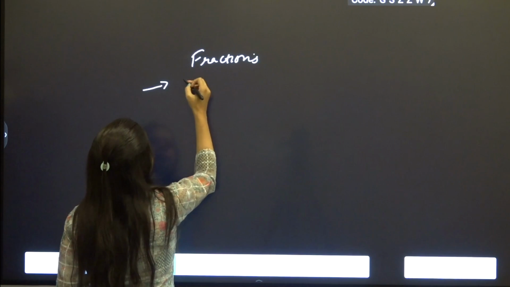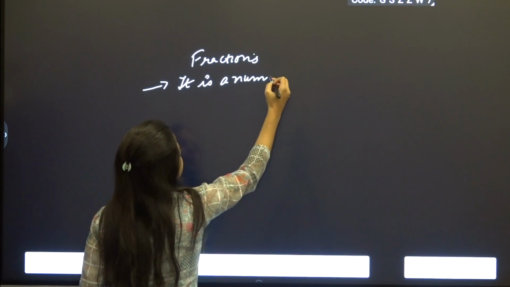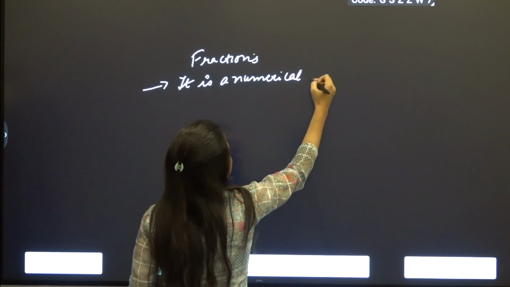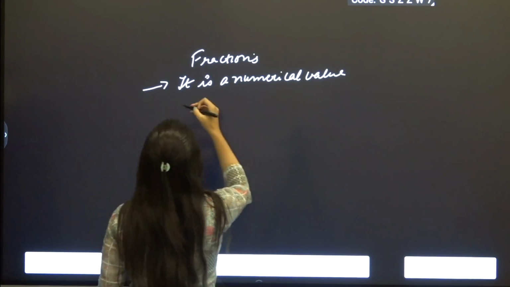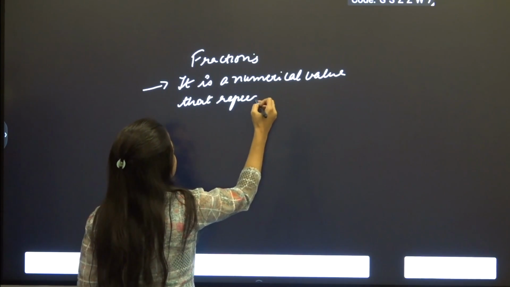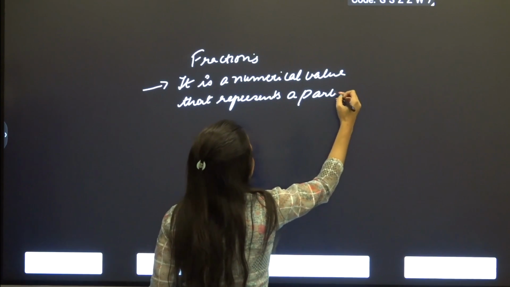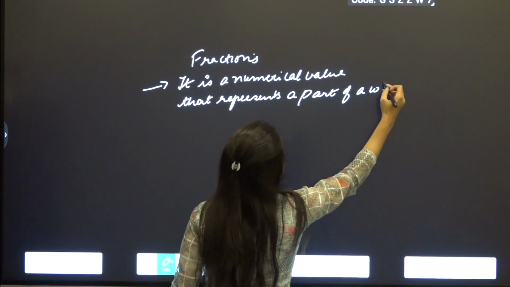A fraction is a numerical value that represents a part of a whole.